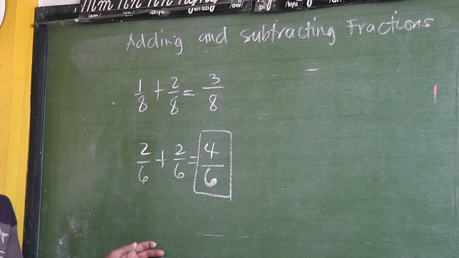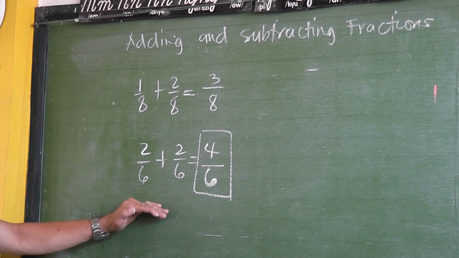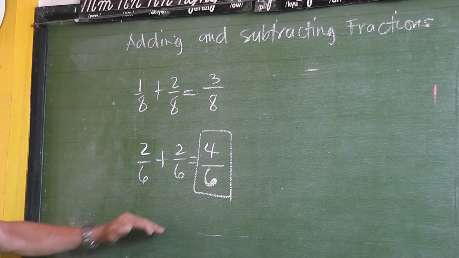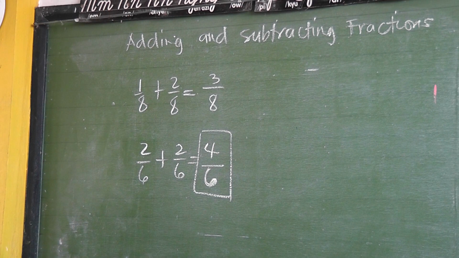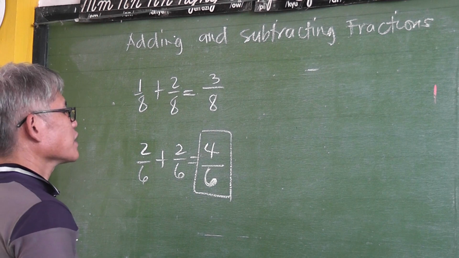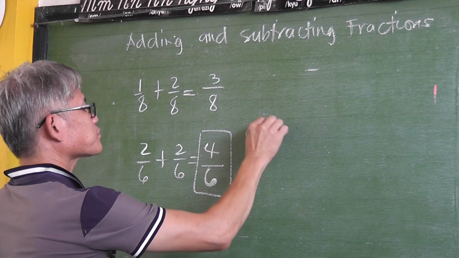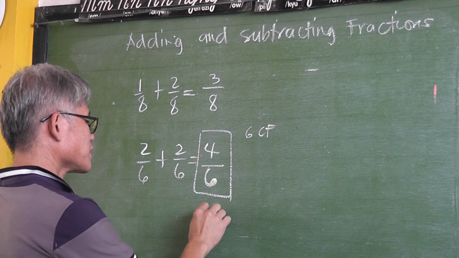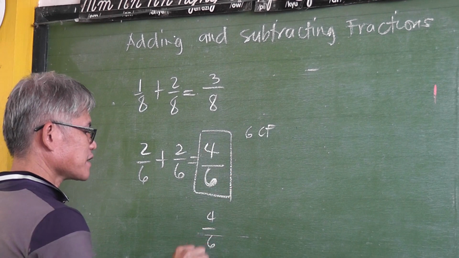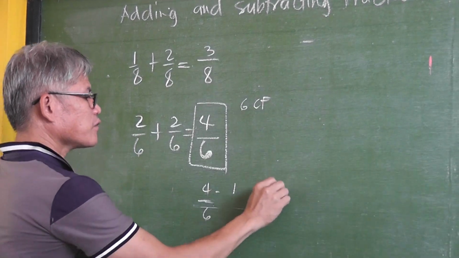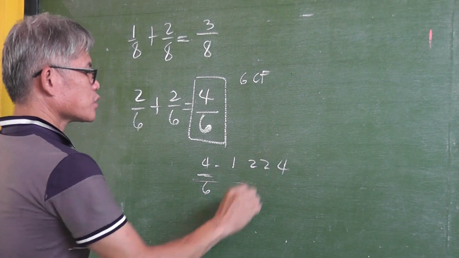So we are going to simplify this, because if you are solving fractions, be sure that you simplify fractions. I discussed this in the first module, that we look for the GCF. So try to see 4 and 6. What are the factors of 4? 1 and 4, 2 and 2.